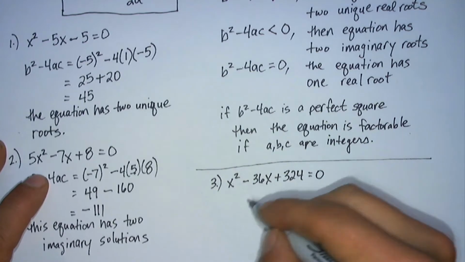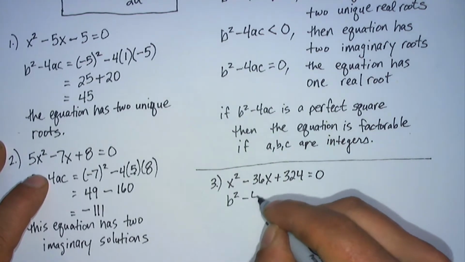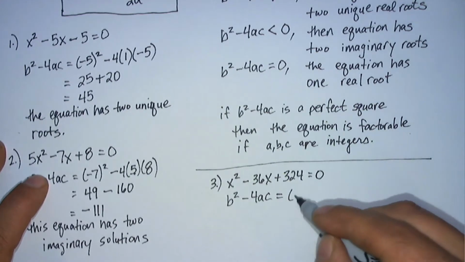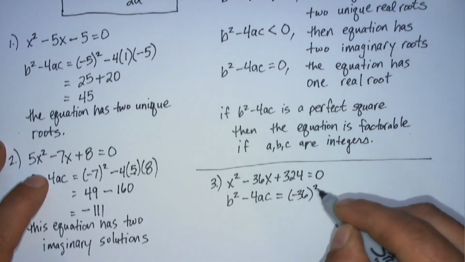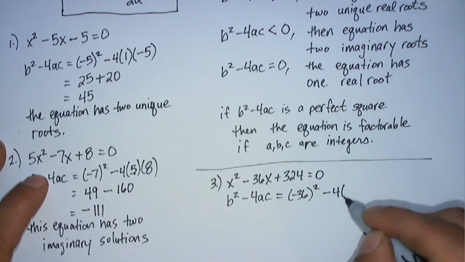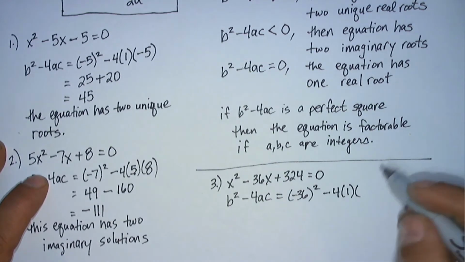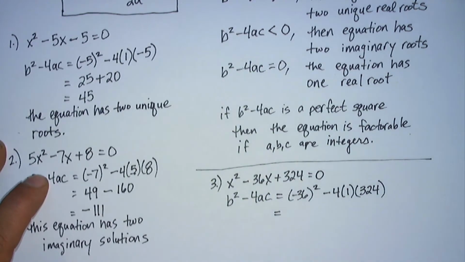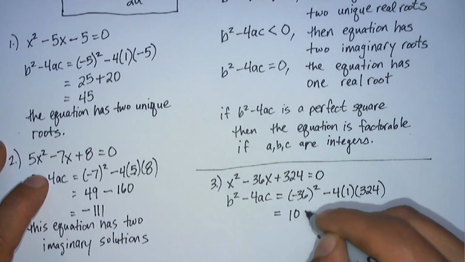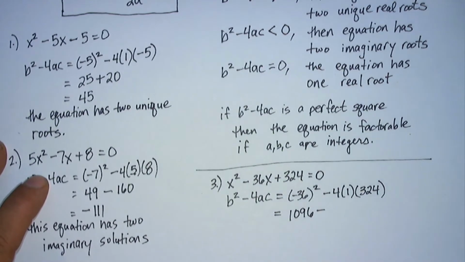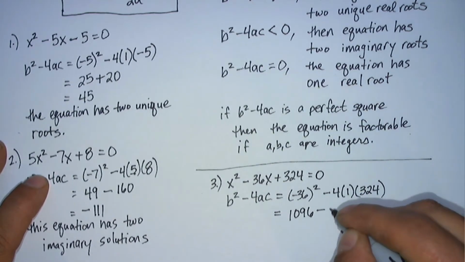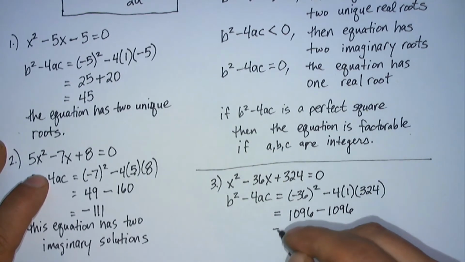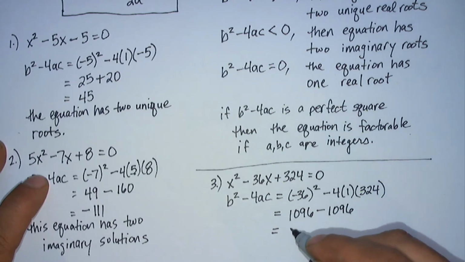Okay, so b squared minus 4ac is equal to negative 36 squared minus 4 times a, which is 1, times 324. Okay, 36 squared is 1296. And wouldn't you know that 4 times 324 is also 1296. And 1296 minus 1296 is 0.